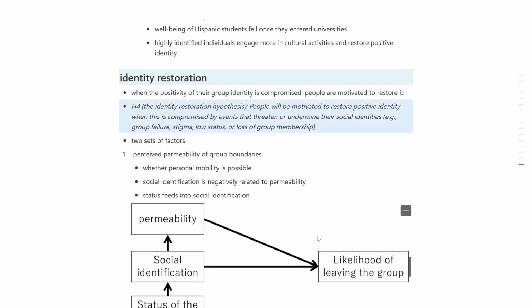Okay, so here's hypothesis 4, the identity restoration hypothesis. People will be motivated to restore positive identity when this is compromised by events that threaten or undermine their social identities. For example, group failure, a loss in the Olympic Games, for example, or stigma, low status, like Hispanic students in a university in the United States, or loss of group membership.